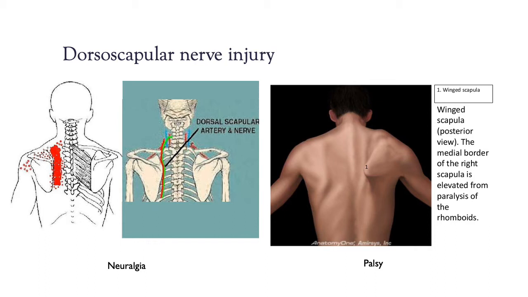For those non-pain physicians, they may not know the clinical presentation of dorsoscapular nerve injury. Now, there are two types. One is a less serious one, which is a neuralgia, and the other one is more serious, a palsy.